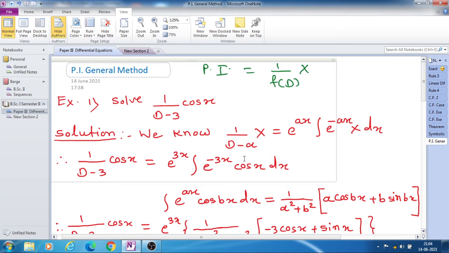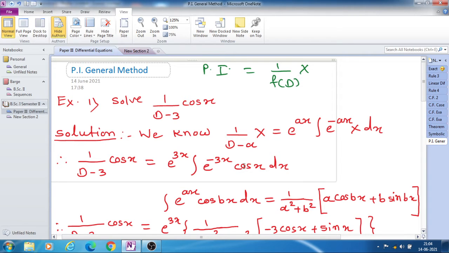That is, if there is a factor D minus a or D plus a, then 1 upon D minus a operates on capital X is equal to e raised to ax into integral e raised to minus ax into capital X dx.